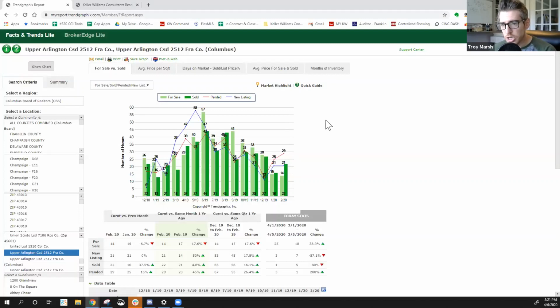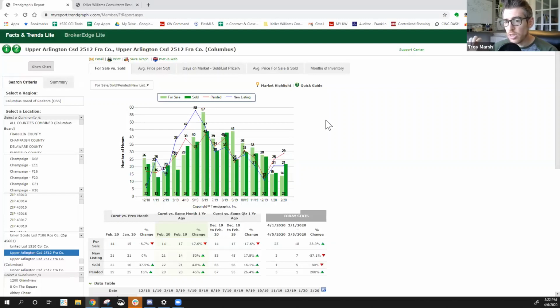The other shift I will tell you, for those of you that didn't have your license during the downturn that happened before, and I don't know that any of us on this call, except for me, did, is you have to shift your mindset around doing market analysis from looking at the past to looking at what's happening today, meaning how many active listings are on the market right now and how many are in contract.